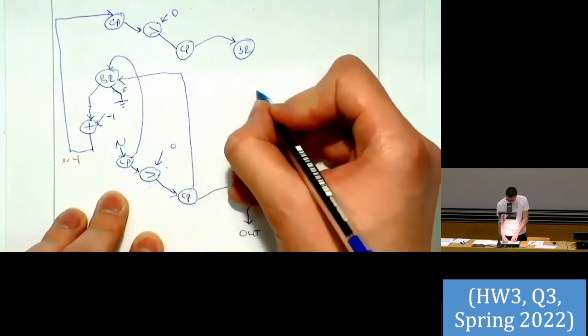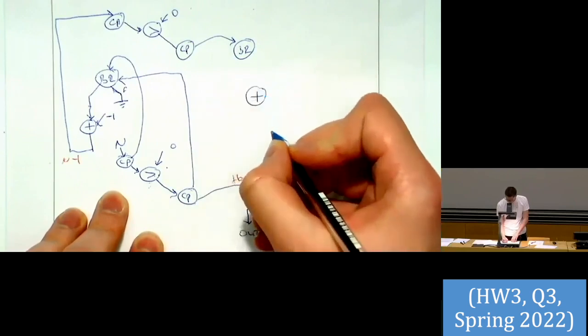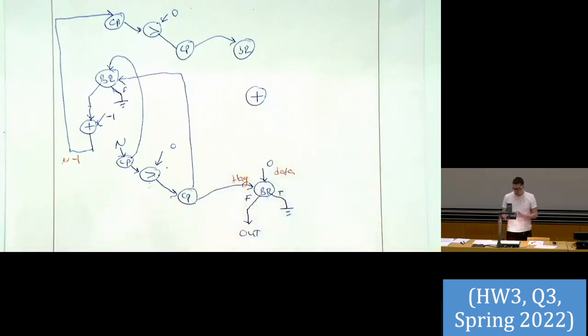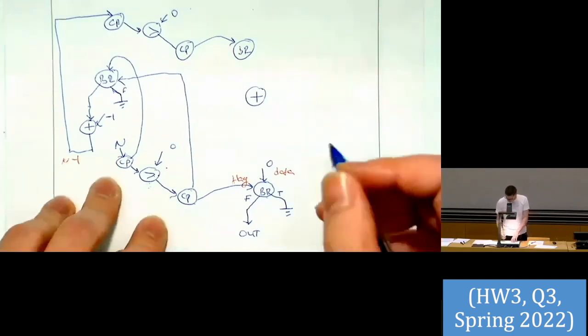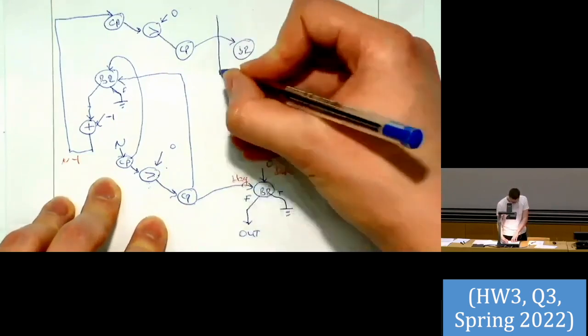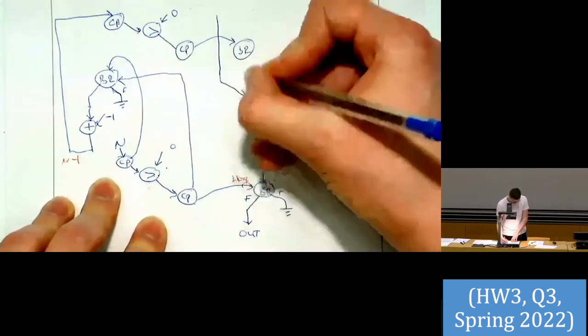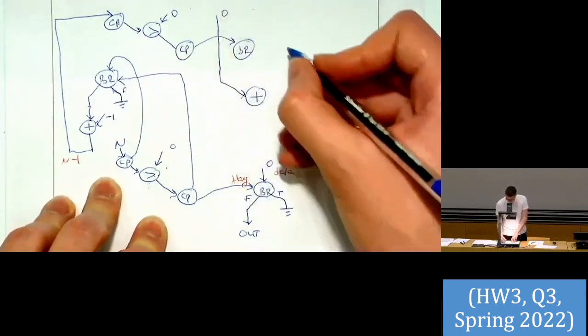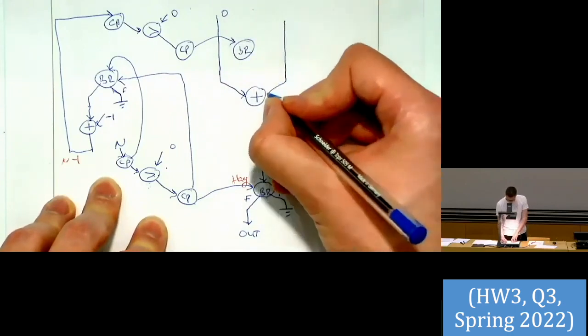But okay, so we'll also have some adder node here. And for n equals 1 case, we'll just need to add together 0 and 1, right? So we know that. So for now, let's just hardcode those values. So I will draw a 0 like this. And we can also draw 1 like this.